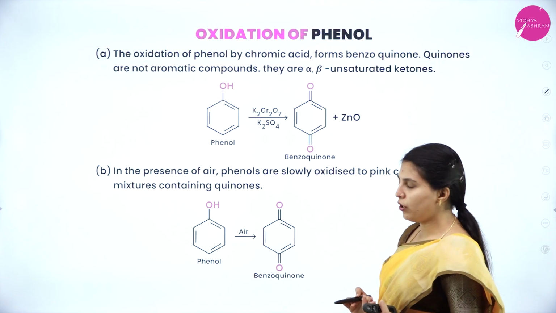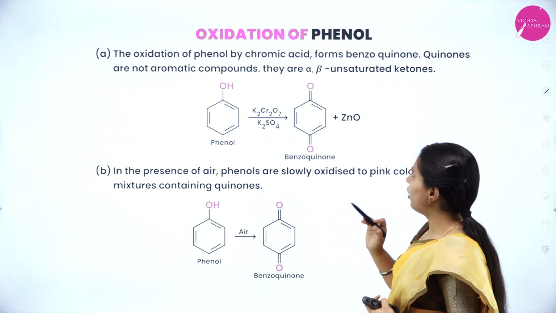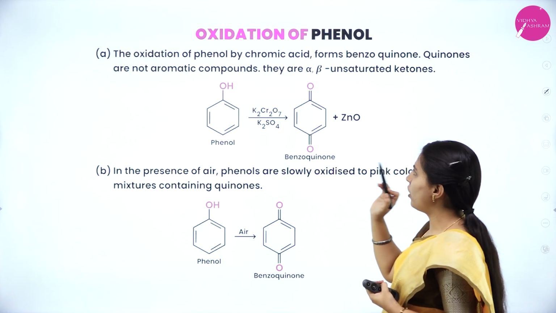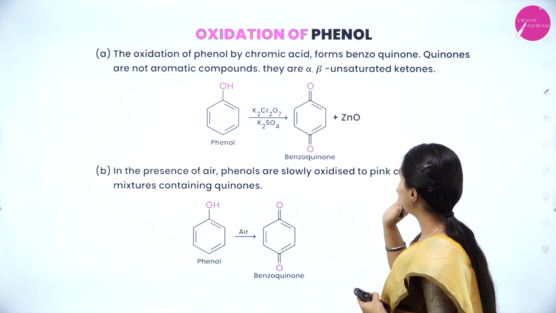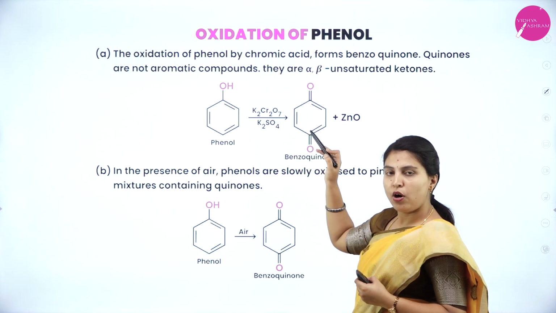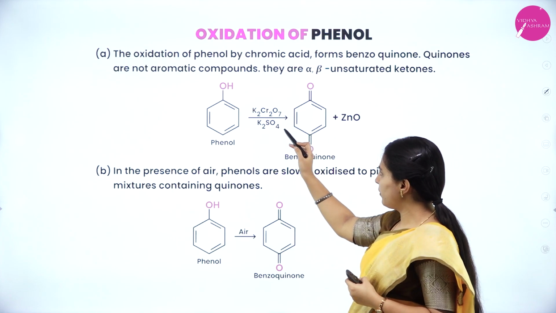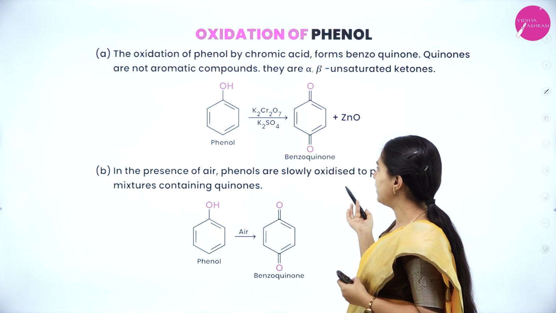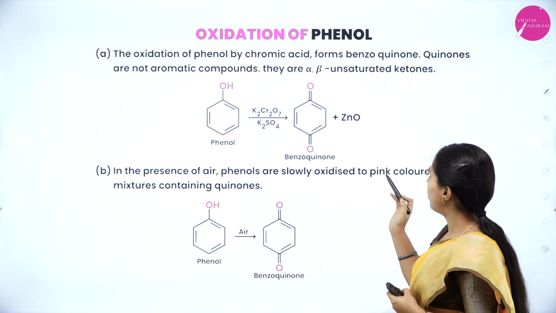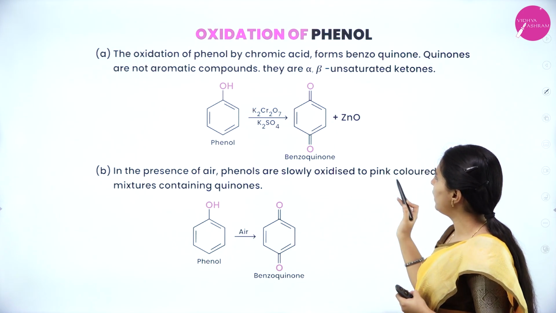Oxidation of phenol. The oxidation of phenol by chromic acid forms benzoquinone. Quinones are not aromatic compounds, they are alpha beta unsaturated ketones. When phenol is treated with an oxidizing agent like potassium dichromate or chromic acid, it will form benzoquinone, which is also called an alpha beta unsaturated ketone.